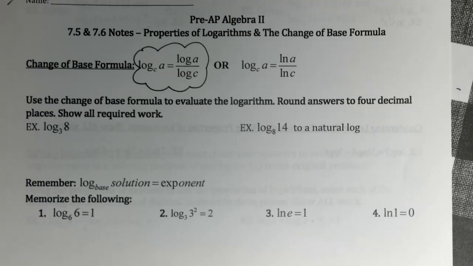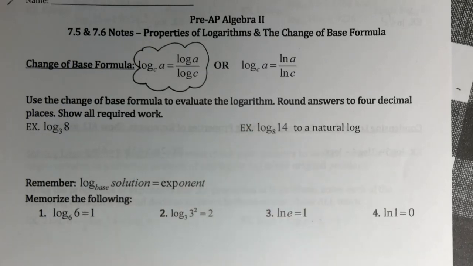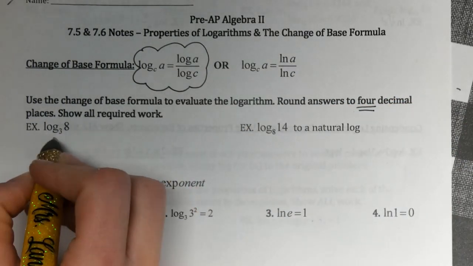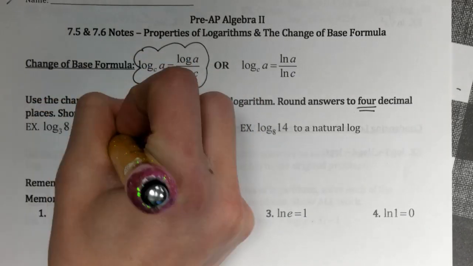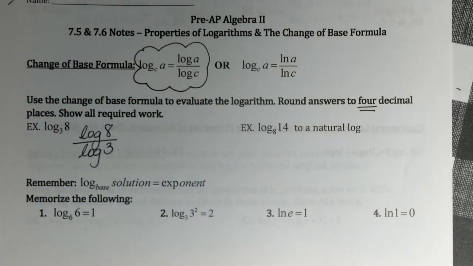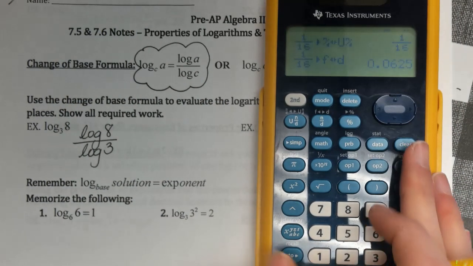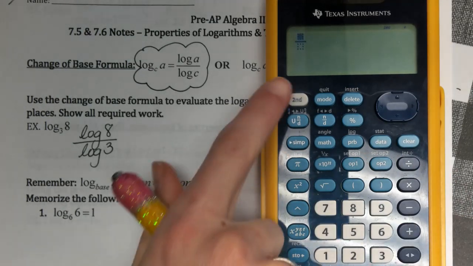Okay? So if it says use the change of base formula to evaluate the logarithm, round answers to 4 decimal places. So log base 3 of 8, I'm going to have log of 8 over log of 3. So in your calculator, you're going to set up your fraction and then do second log.